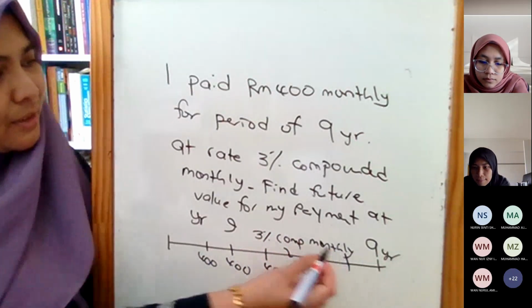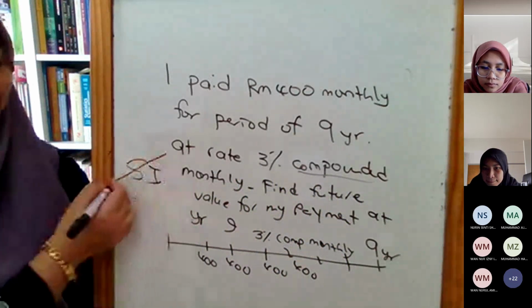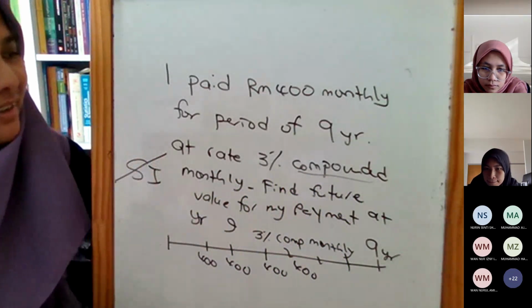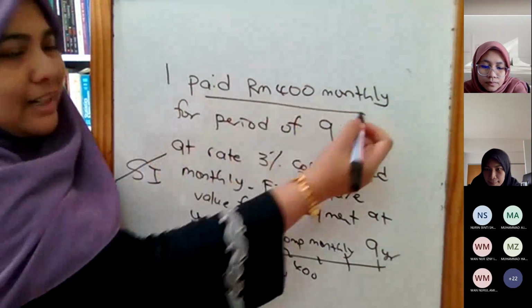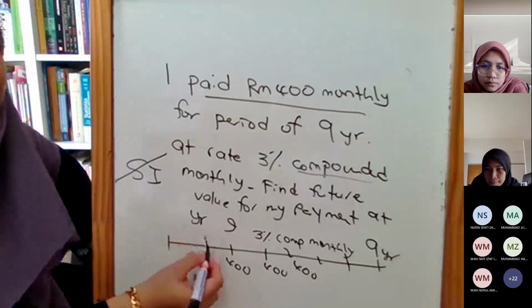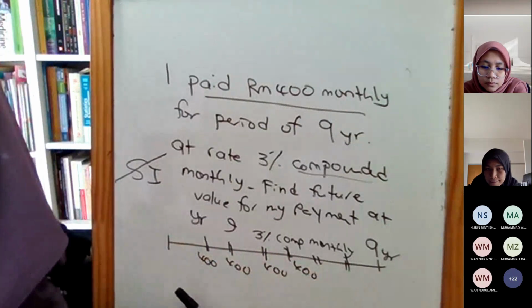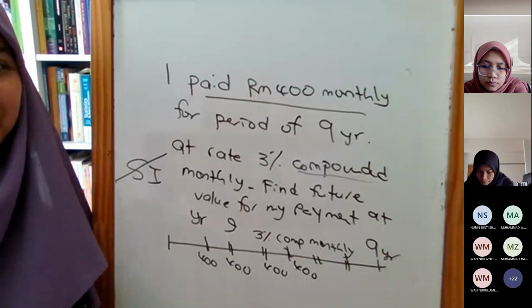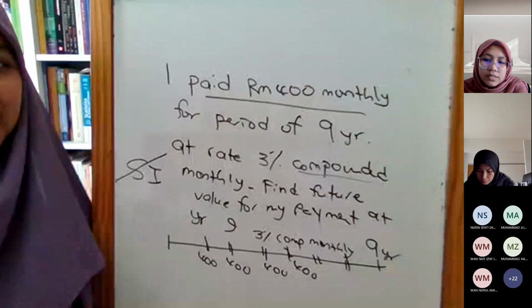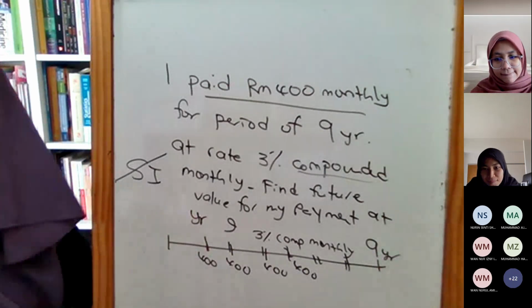Alright. So when you see the word compounded, the simple interest option is already ruled out. So now it is either compounding or annuity. It says I paid 400 ringgit monthly. When you have a series of equal payments, this is indirectly a question on annuity. Understood? To understand better, you must practice diligently; you will come across many more examples.